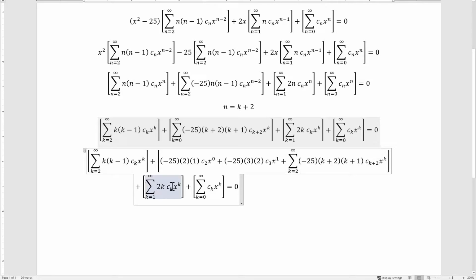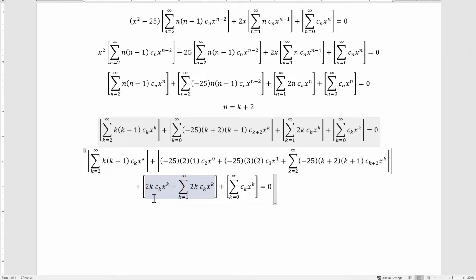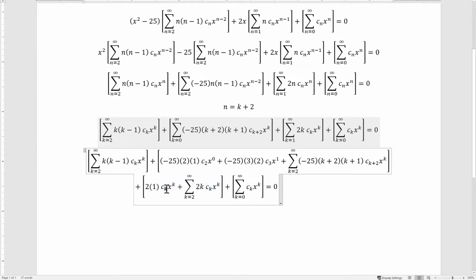Okay, we need to do the same for the next series because it starts at 1. We're going to need to pull the 1 out when k is equal to 1 term, and then make this start at 2. So when k is equal to 1, we have 1 there. This is c sub 1, and this is k or x to the first power.